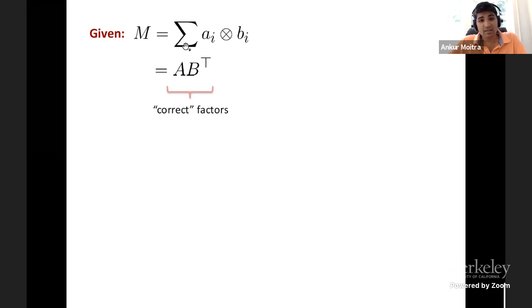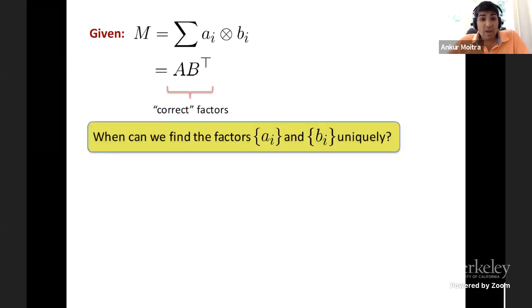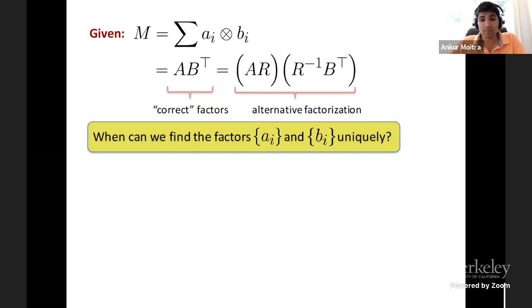Here I've written it as the summation over i of a_i tensor b_i transpose. The a_i are the columns of capital A, and the b_i are the columns of capital B. Basically, the question we're asking is one of identifiability. Even if Spearman was right, and even if there was no noise and we could observe this matrix M perfectly, and there was indeed some nice explanation of M as a product of A times B transpose, one question you can ask is, can we actually find this nice factorization uniquely?